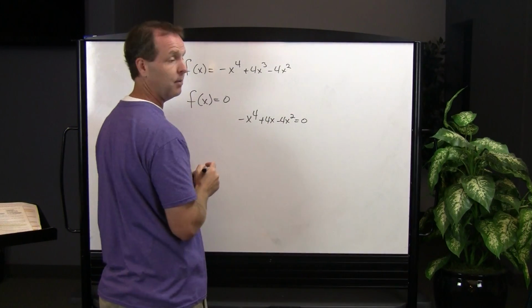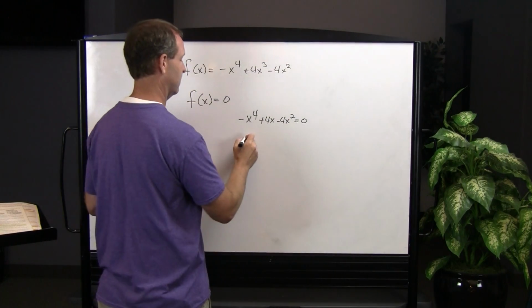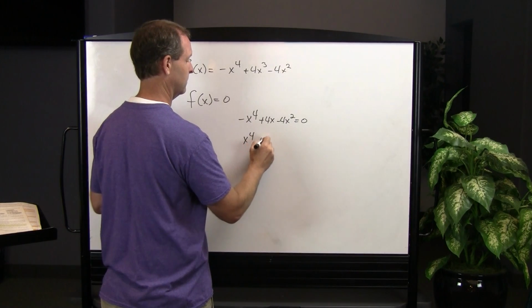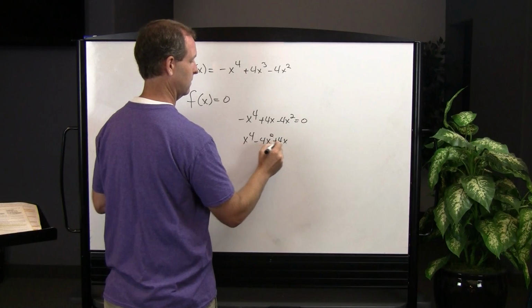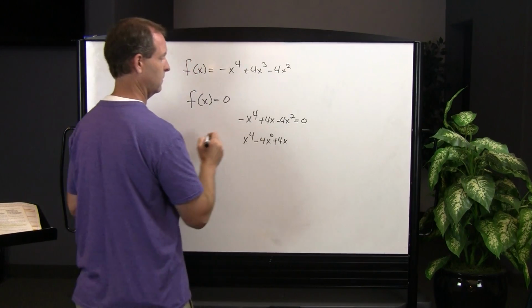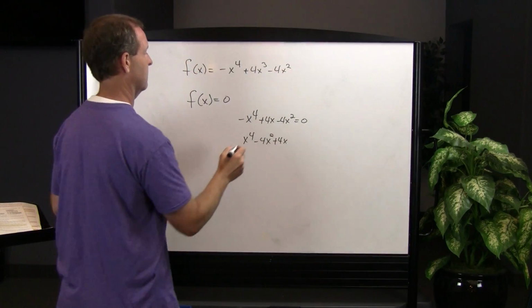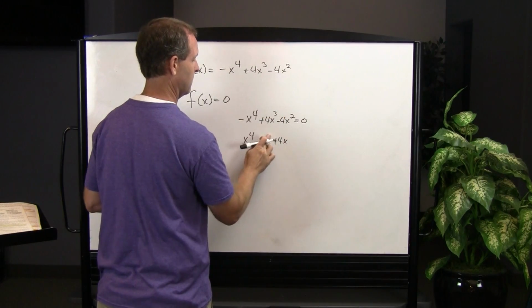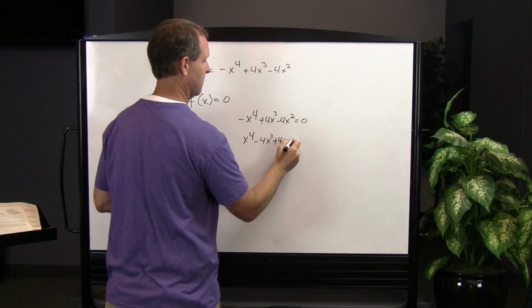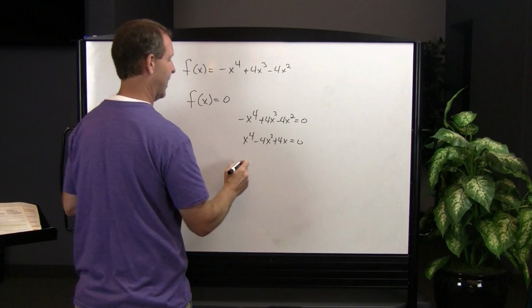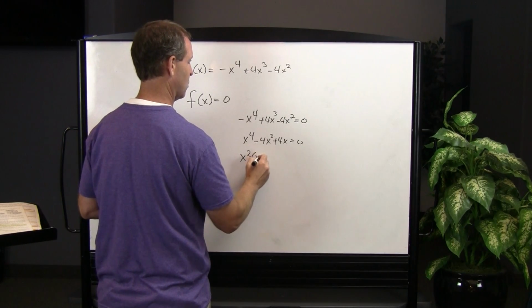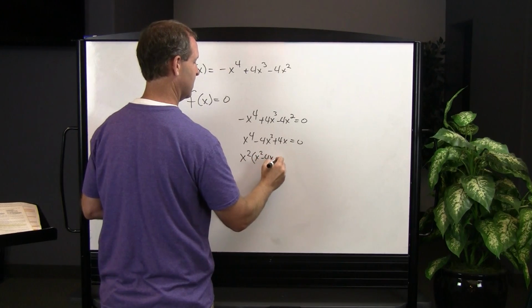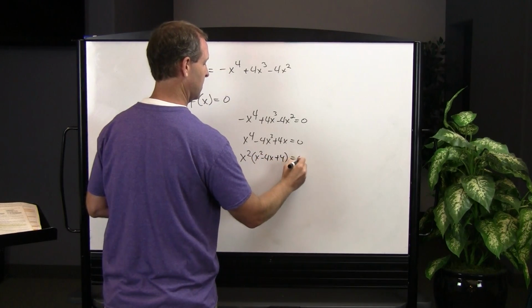The first thing I'm going to do is multiply everything through by a -1, just to make it a little bit easier. Factor out an x squared. What's left is x squared minus 4x plus 4 equals 0.